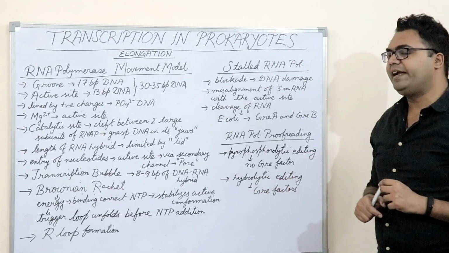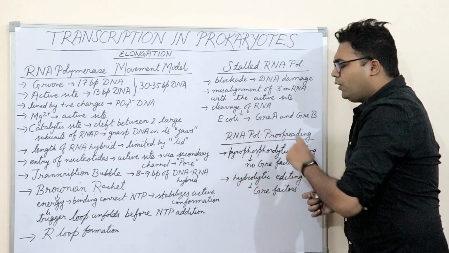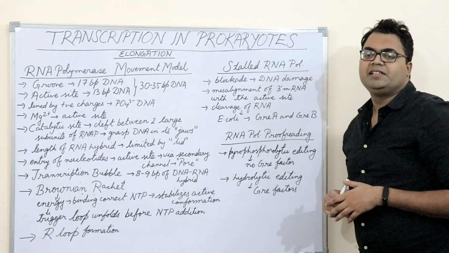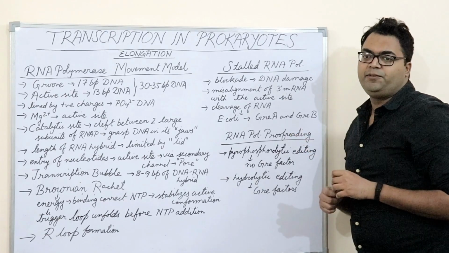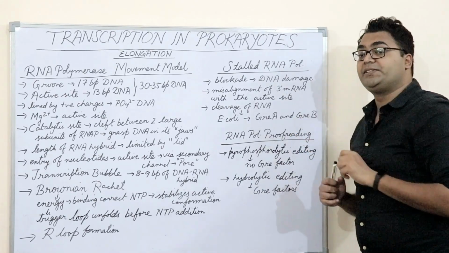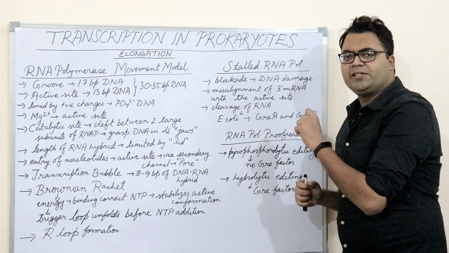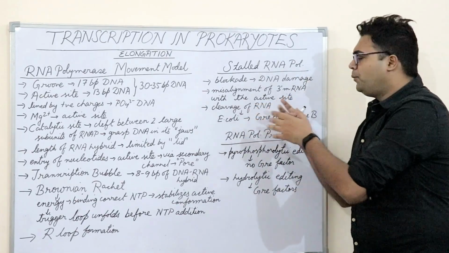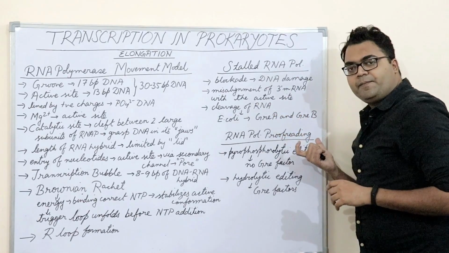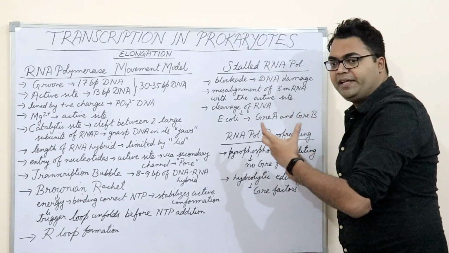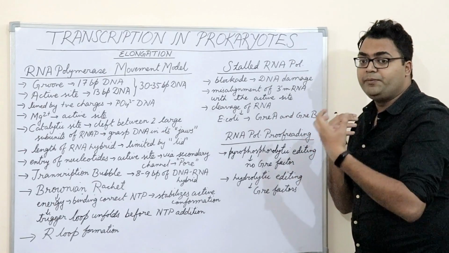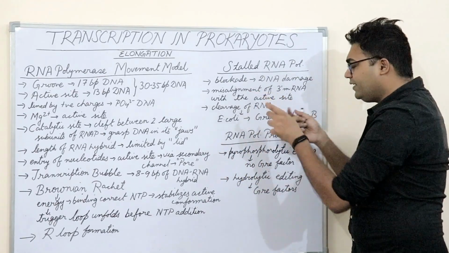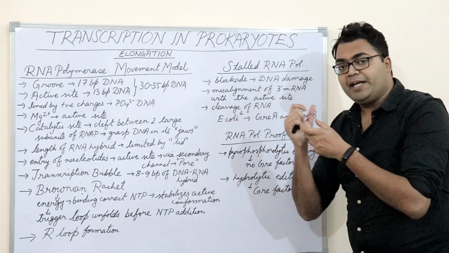Whereas in the hydrolytic editing, E. coli uses GreA and GreB factors, and the eukaryotes use TFIIS for RNA polymerase II specifically, the transcription factor IIS. Now in E. coli, or in the prokaryotic system, GreA and GreB are the two specific proteins which stimulate and assist in the cleavage of the overextended 3' OH.